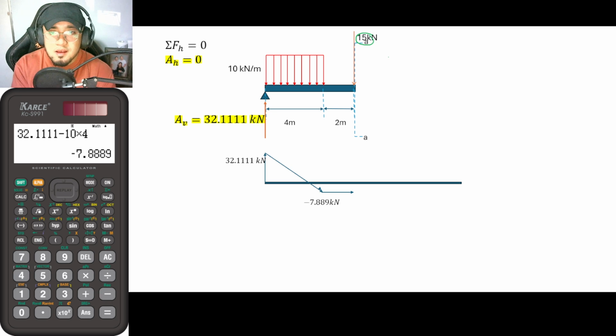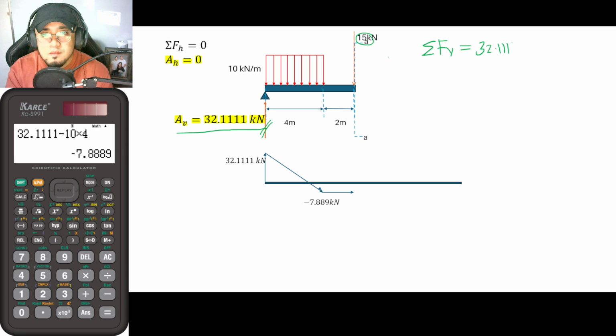So at that portion, let us now solve for the summation of forces vertical once again. This is equal to whatever that force is. What are the forces acting upon it? We have 32.111 positive minus 10 kilonewton per meter times 4, minus 15, since 15 is downward.